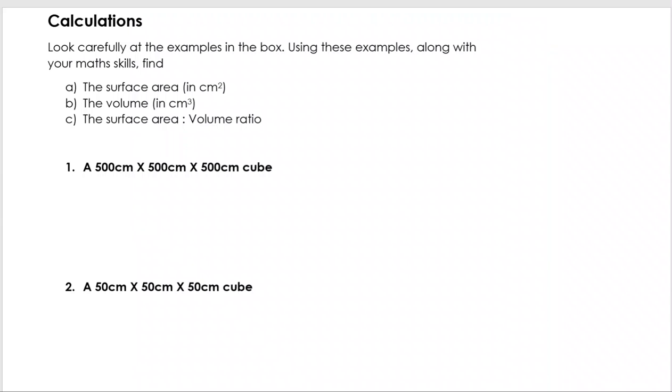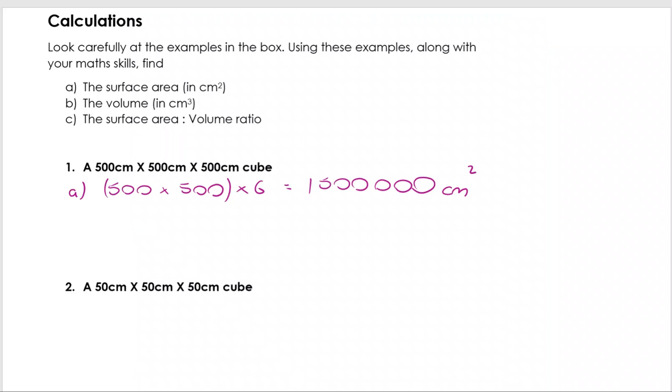So, a couple of questions for you to try here. And we're breaking it down into calculating surface area, then volume, and then surface area to volume ratio. So for a 500 by 500 by 500 centimetre cube, the surface area, each side of the cube is 500 by 500, and there are 6 of those surfaces.